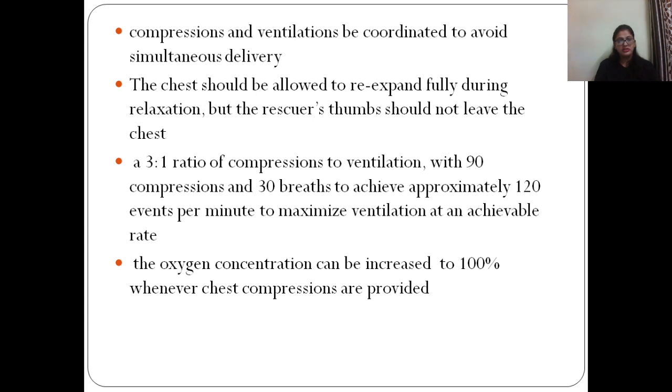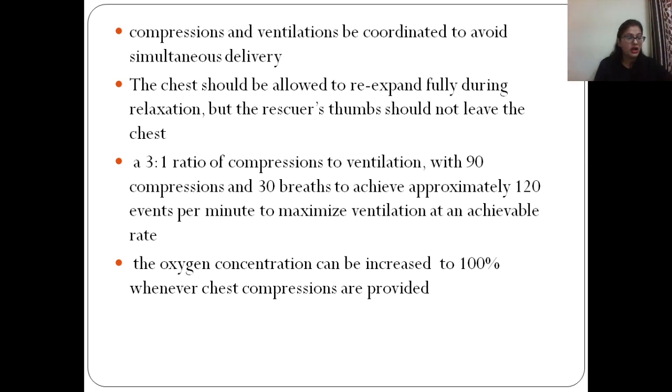It is important to know that compressions and ventilations have to be coordinated to avoid simultaneous delivery. The chest should be allowed to re-expand fully during the relaxation, but the rescuer's thumbs should not leave the chest.